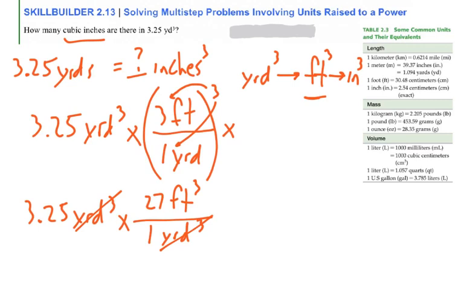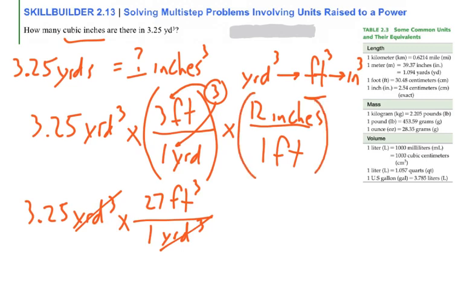And if you recall, we want to get rid of the word foot. So in 1 foot, there are 12 inches. Okay? Again, right now it wouldn't cancel because on the left here you got feet cubed and here it's not. So we're going to have to cube this entire conversion factor.